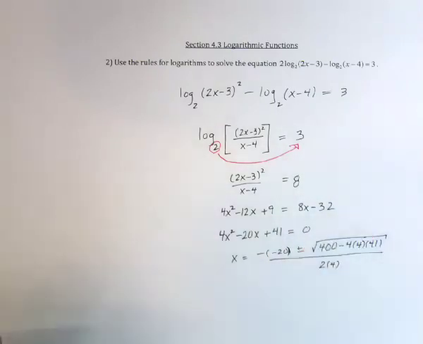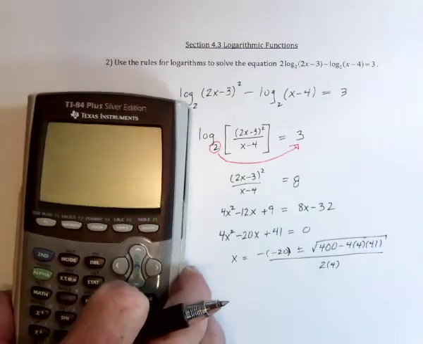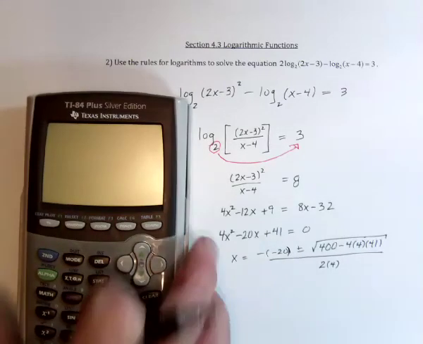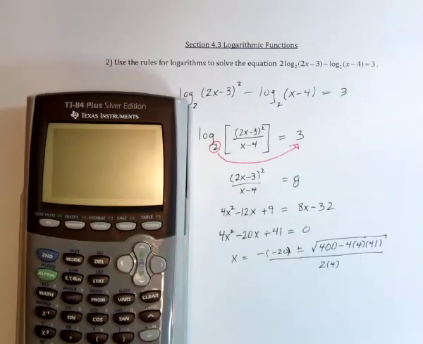And now use the calculator. And we've got a positive 20 plus the square root of 400 minus, that's a 16 times 41. And then close the numerator, and it's divided by 8.